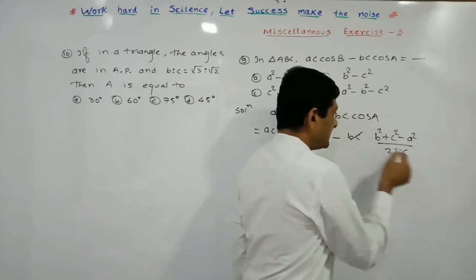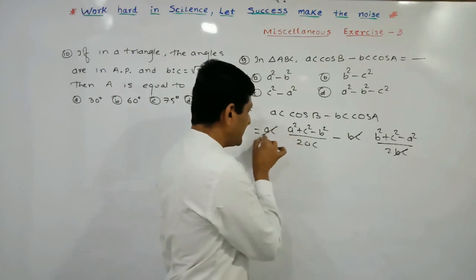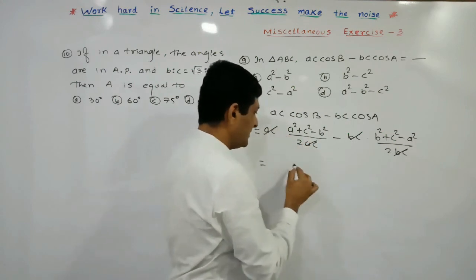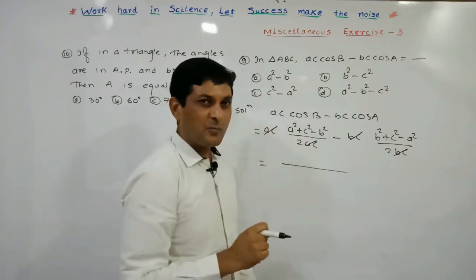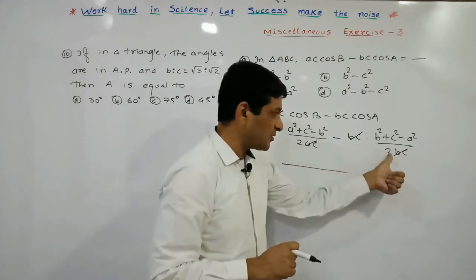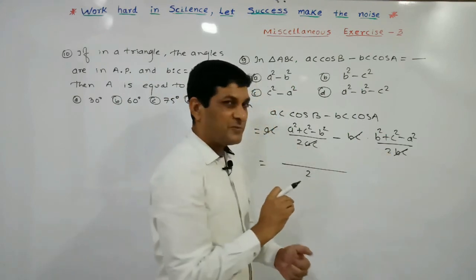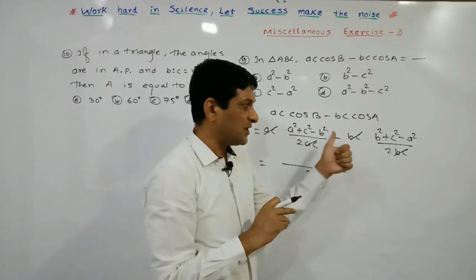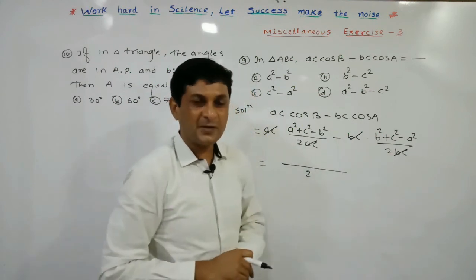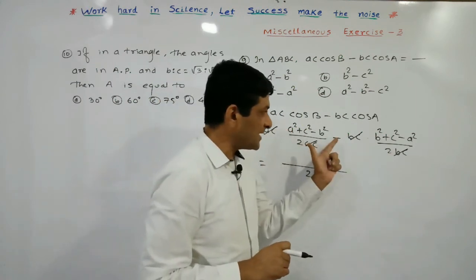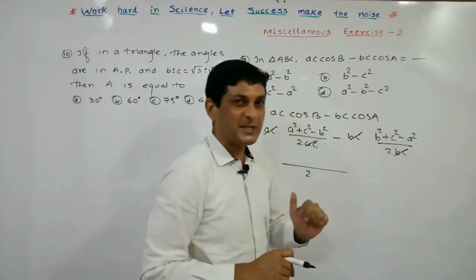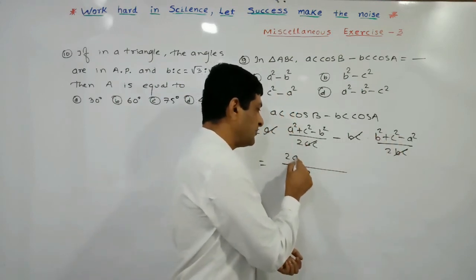Now here BC and BC will get cancelled. Here AC and AC will get cancelled. We can observe that the denominators of both the terms are the same. What is the denominator of both the terms? 2. So that's why we are taking the subtraction of the numerators. First collect the terms of a square: a square, and minus into minus means plus a square. A square plus a square will be 2a square.